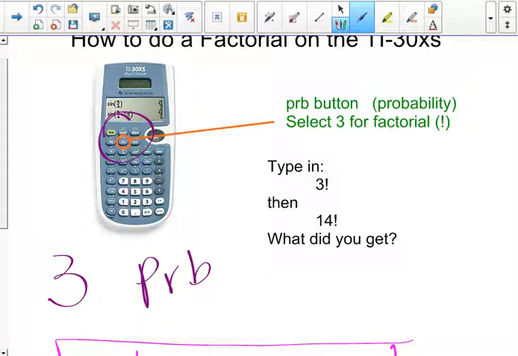That's what we're doing today. And choice 3 is factorial. So either use your cursor to go down to 3, or type the number 3 and press enter. It will show 3 factorial on your screen. Now press enter one more time, and on the right it'll show you the answer, 6. Everybody good for that?